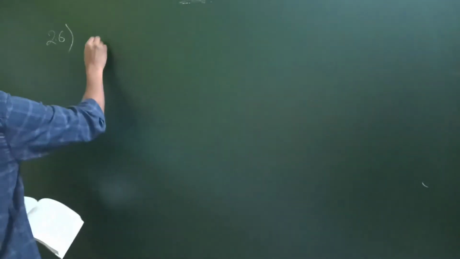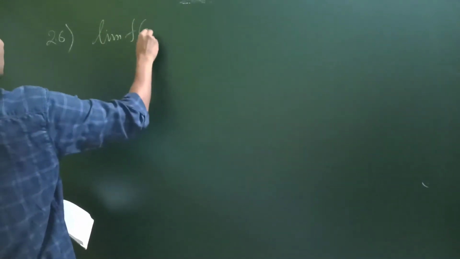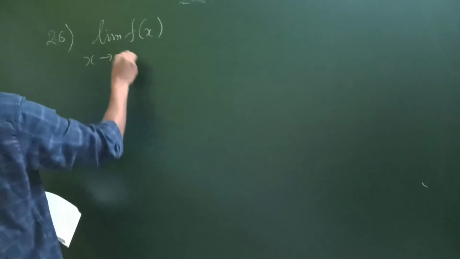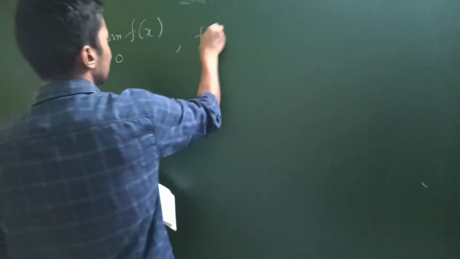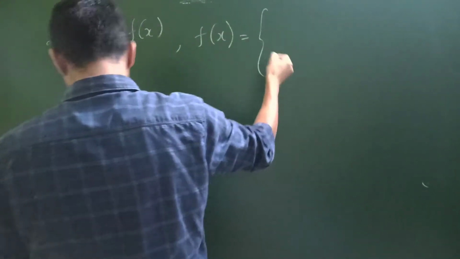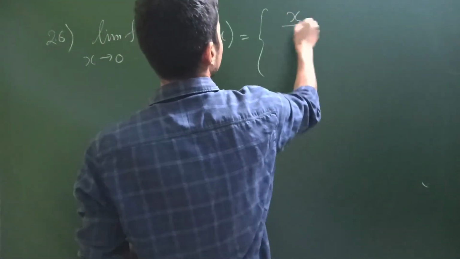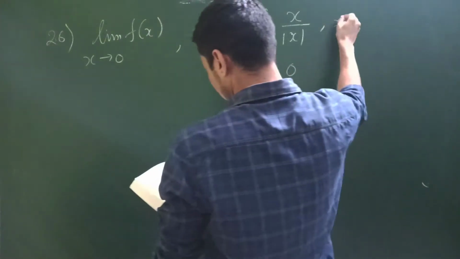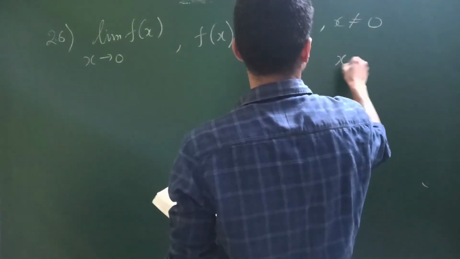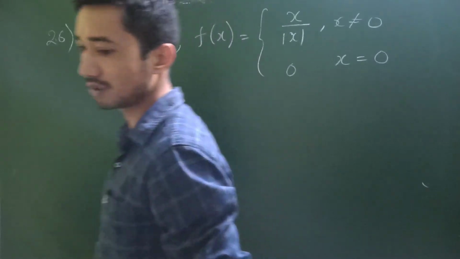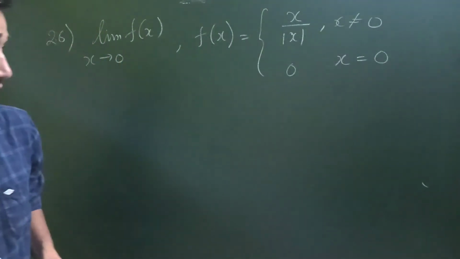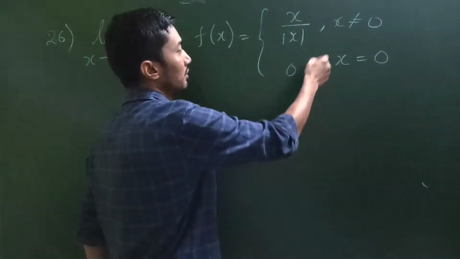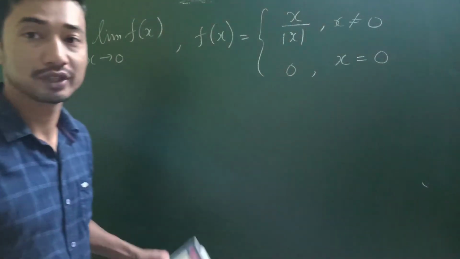Let's see what we have here. 26 says find out the limiting value for the function f as x tends to 0, where our function is given by x upon mod of x, that is modulus of x, as x is not equal to 0, and 0 as x is equal to 0. That means whenever x is equal to 0, we will use the value of the function as 0. When x is not equal to 0, x by mod of x.